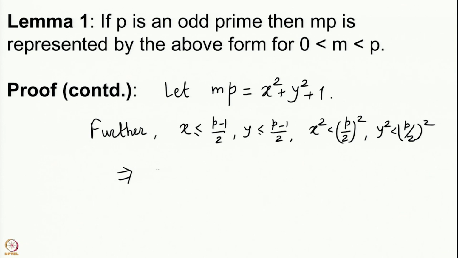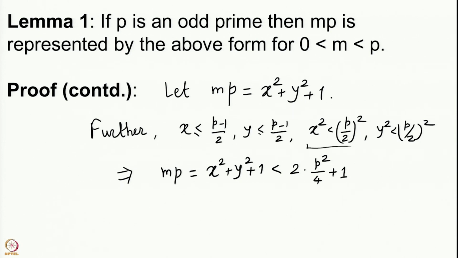So, mp, which is x square plus y square plus 1, is less than 2 times p square by 4 plus 1, because x square is less than p square by 4, y square is less than p square by 4.